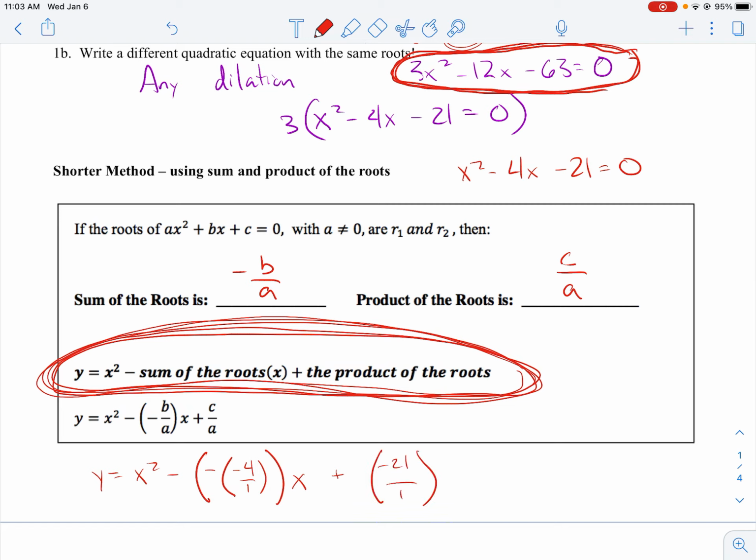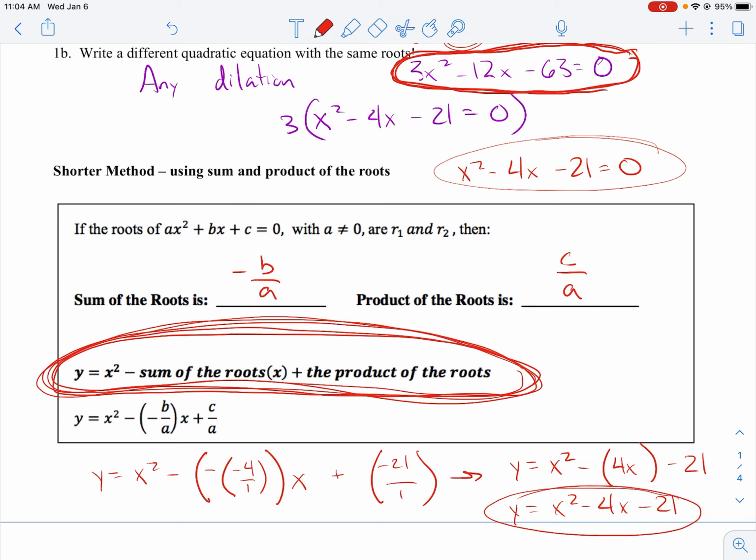Okay, again, our b and c values are coming from here, and our a value in both cases is just a 1. Okay, so let's extend this out. We get y is equal to x squared minus, so two negatives in a row equals a plus, minus 21, and then finally y is equal to x squared minus 4x minus 21.